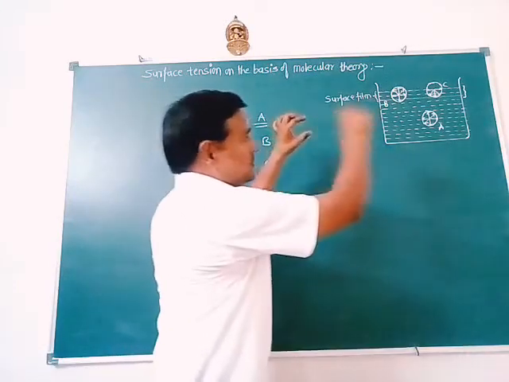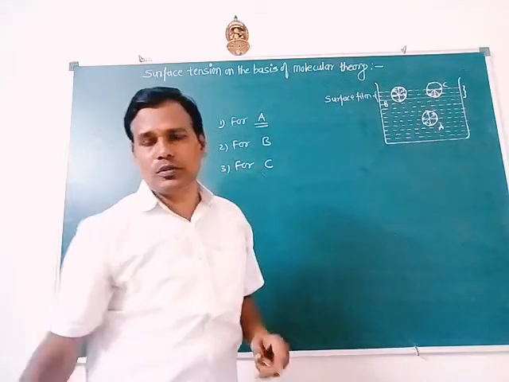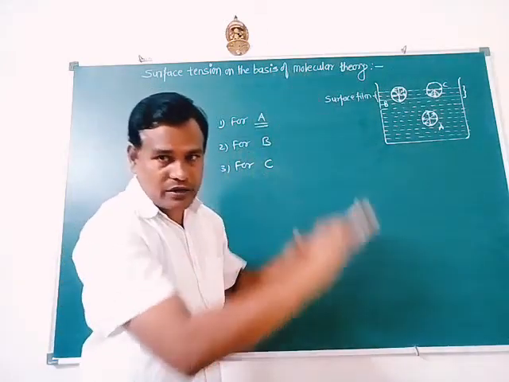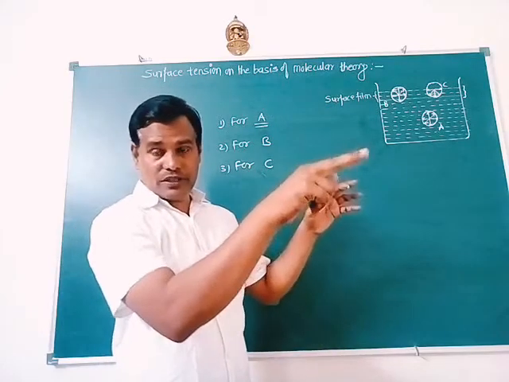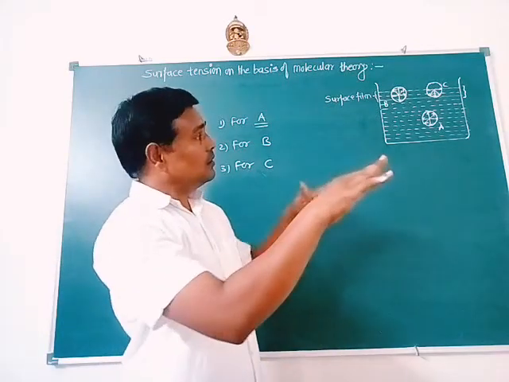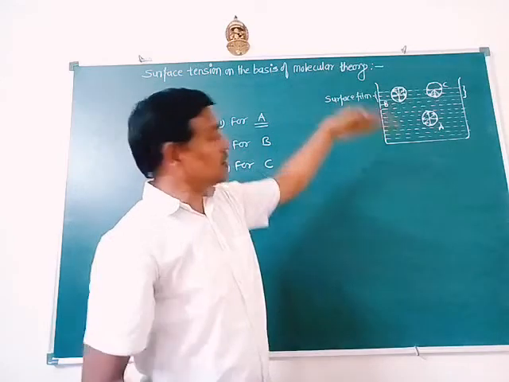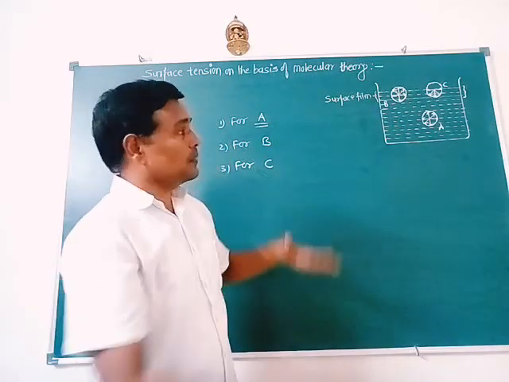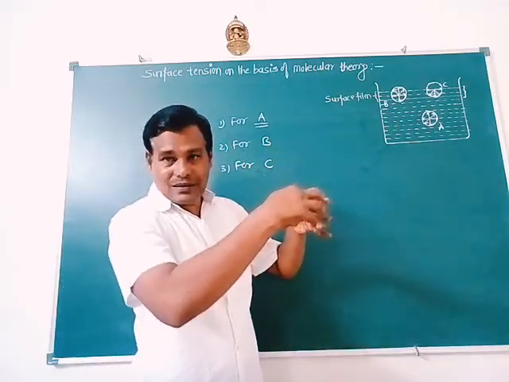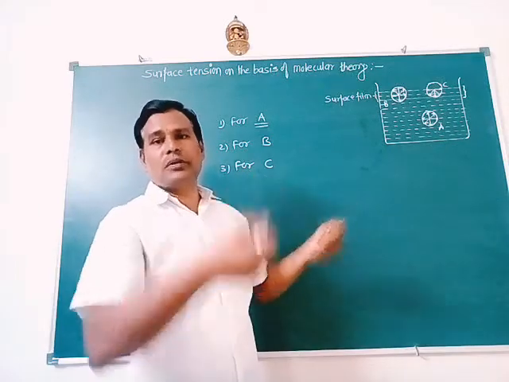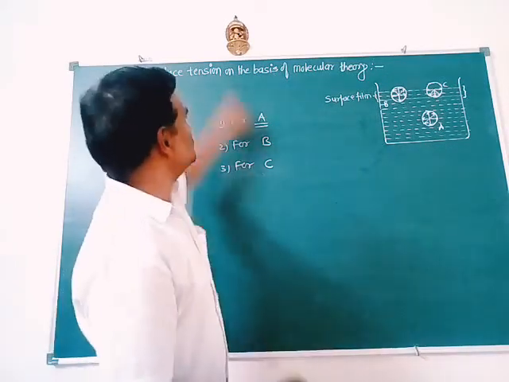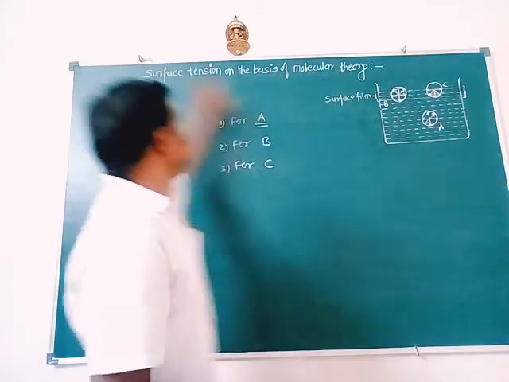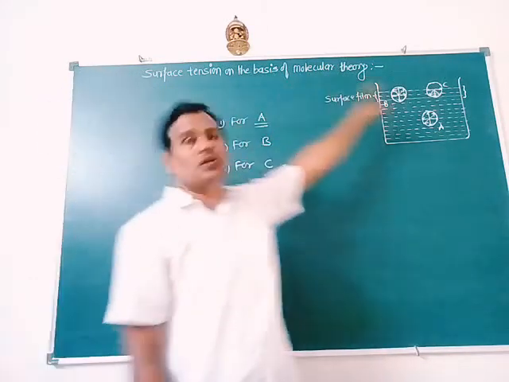So in the surface film all the molecules of liquid are attracted in the downward direction, and therefore that film, that surface of liquid, the layer of liquid in the surface film, we can say acts like a stretched membrane, just like it is under a tension, and that tension is called surface tension. So this is surface tension by the molecular theory.